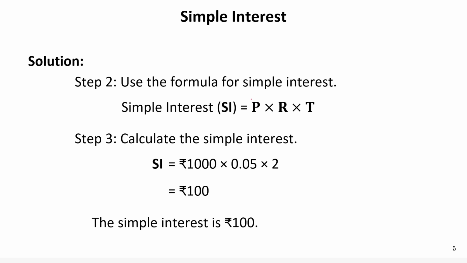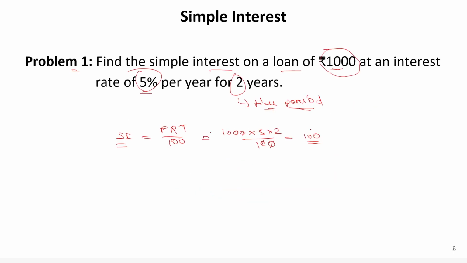So let's use the formula PRT. Here R is taken in decimal form. So 1000 into 0.05 into 2 is equal to 100. So 100 is the correct answer, and we have also evaluated 100.